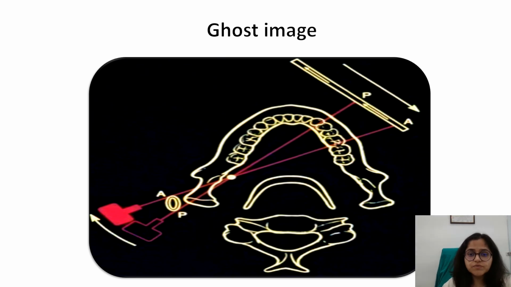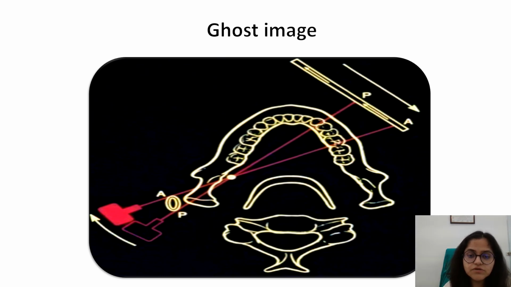Then this is the ghost image, as you can see, which I have already told in the previous slide, that a ghost image forms when the object is between the source and the center of rotation.